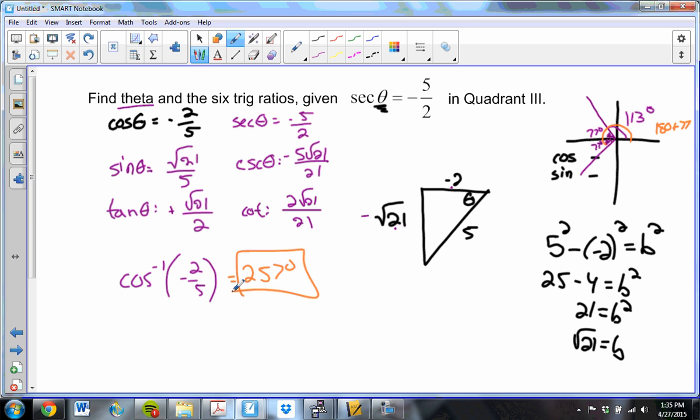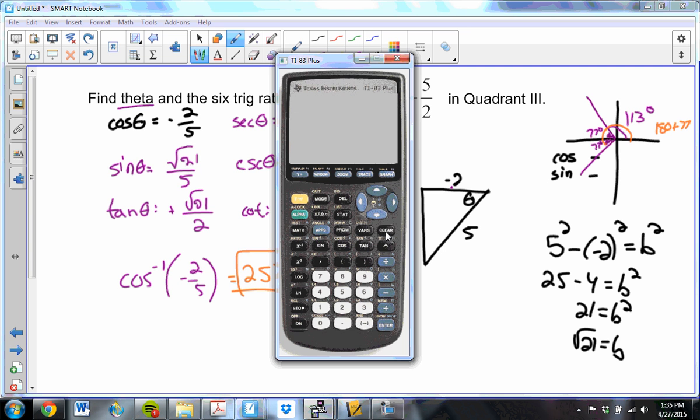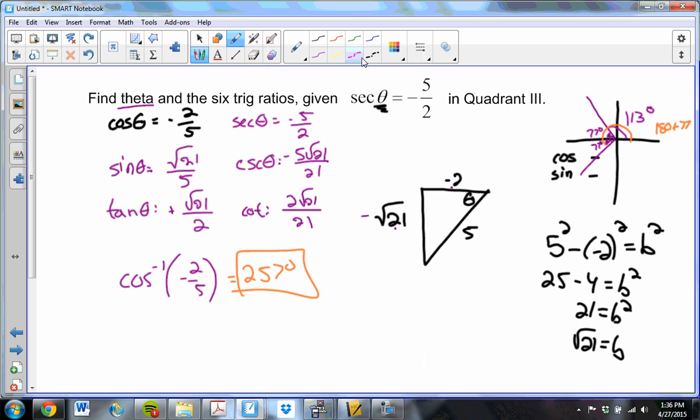And I can check that. If I do the cosine of 257, I should get negative 0.4.